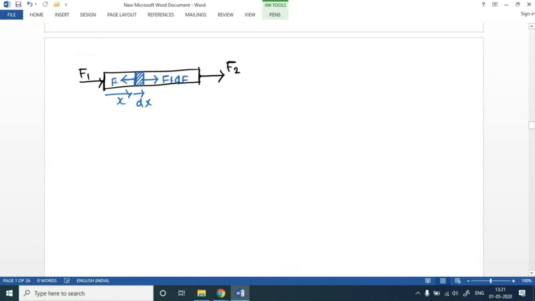But let's find out f as a function of x. So df we can write as mass times acceleration of this element. The mass of this element would be m by l times dx, and its acceleration would definitely be (f1 plus f2) by m. So this would be the df.